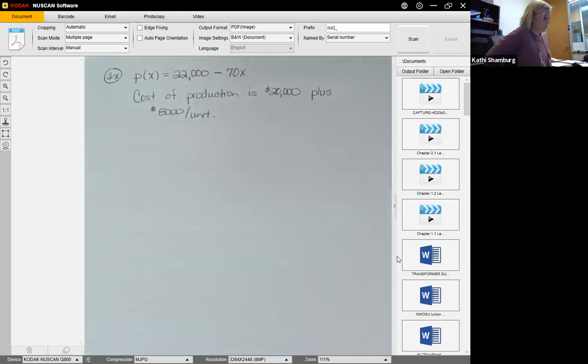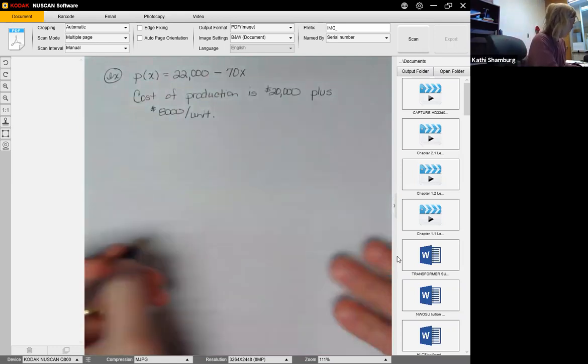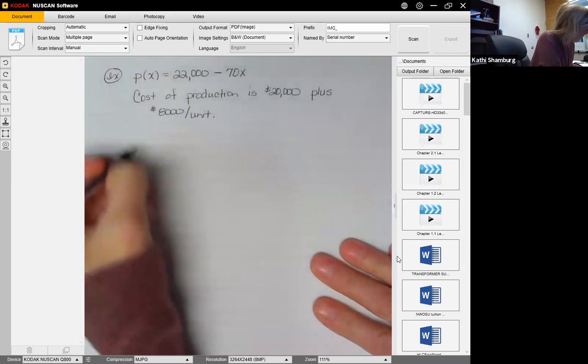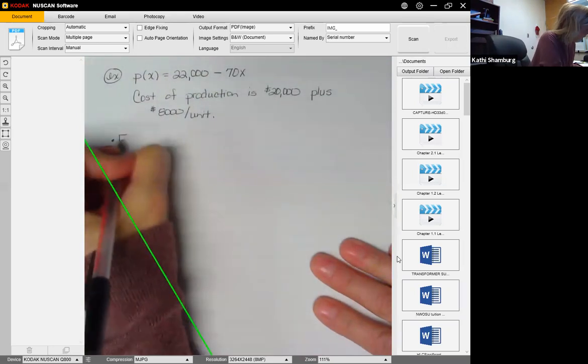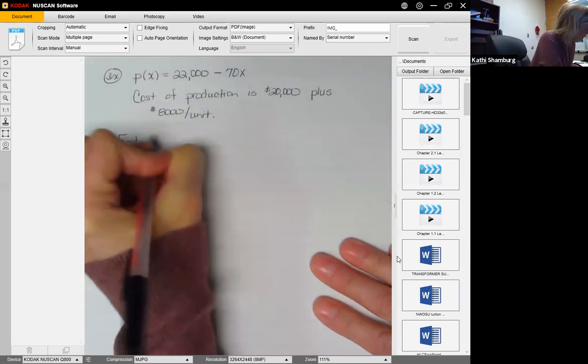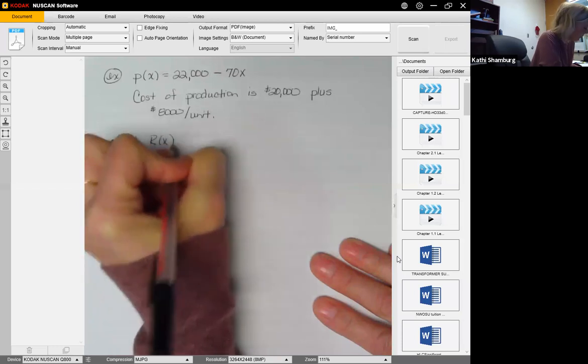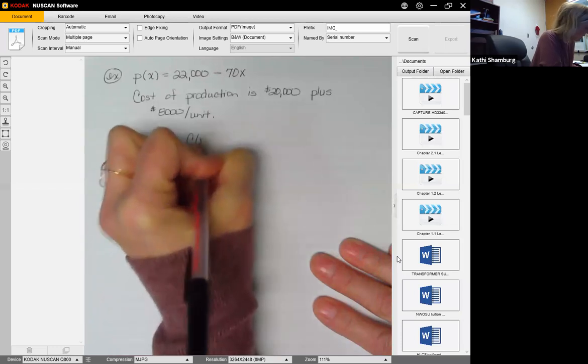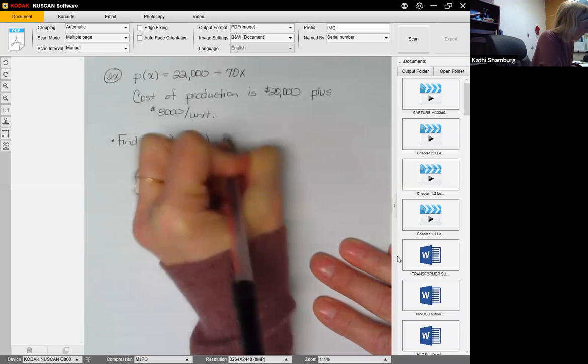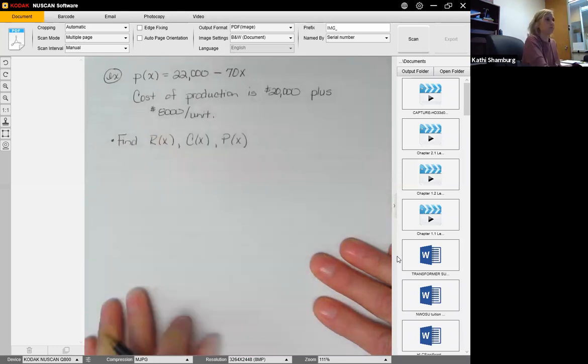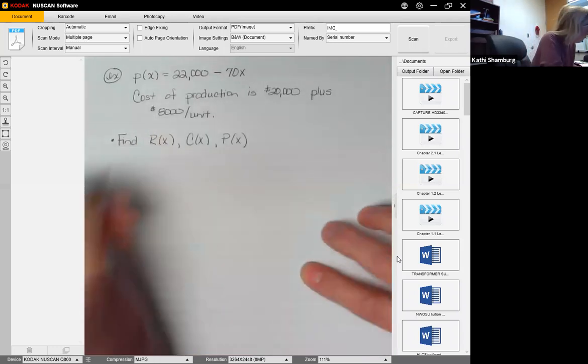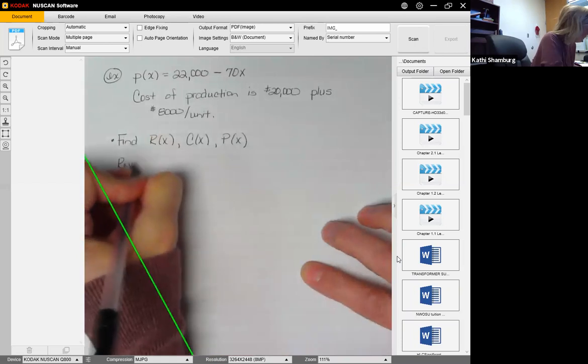Okay. All right. So we are going to be asked to find the revenue function, the cost function, as well as the profit function. All right, so I'm going to start with the revenue function.